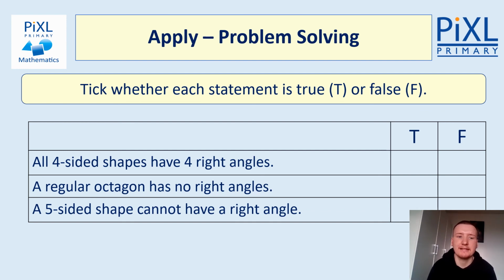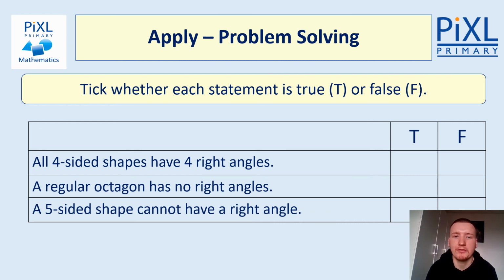My next statement is a regular octagon has no right angles. Stand up if you think it's true. Stand up if you think it's false. And then my final statement is a 5-sided shape cannot have a right angle. Stand up if you think it's true. Stand up if you think it's false.